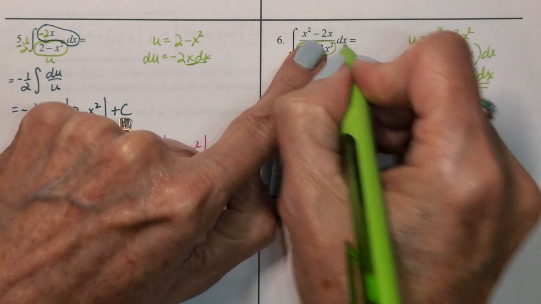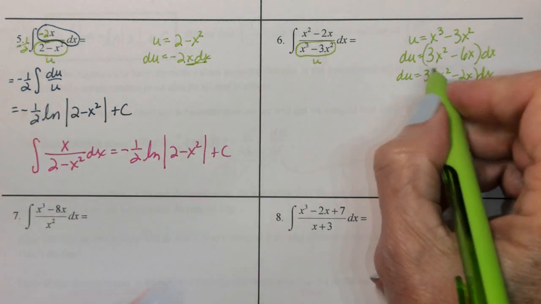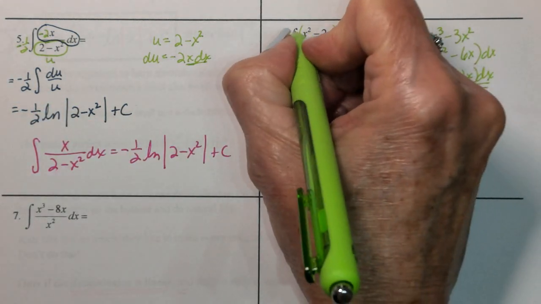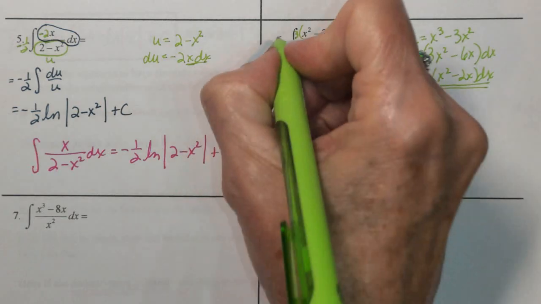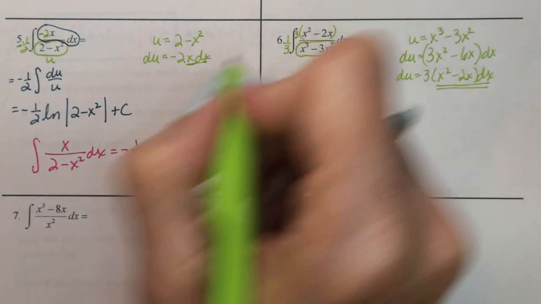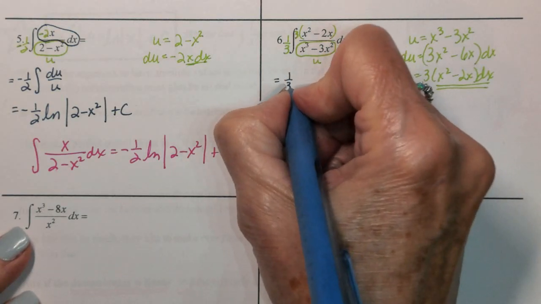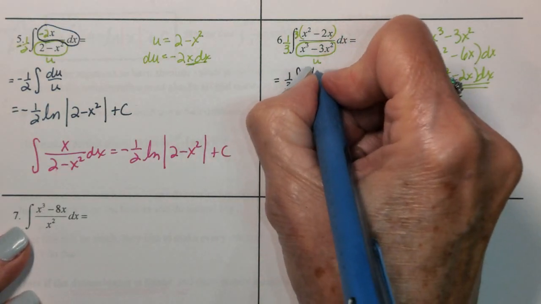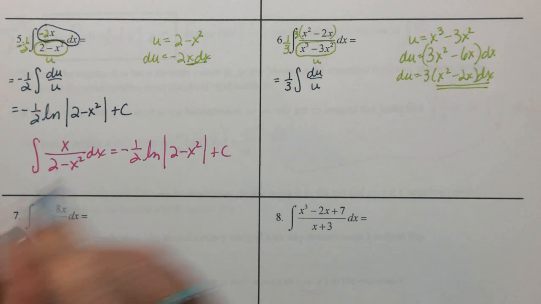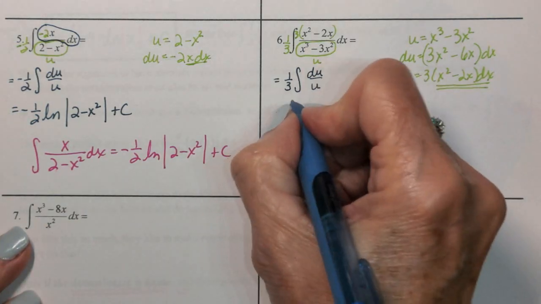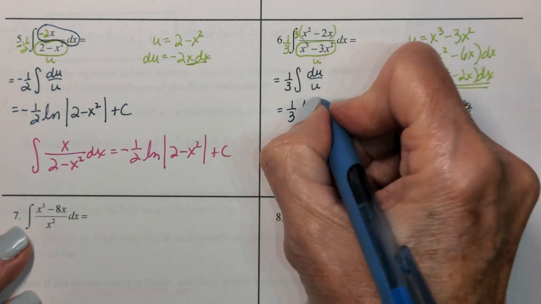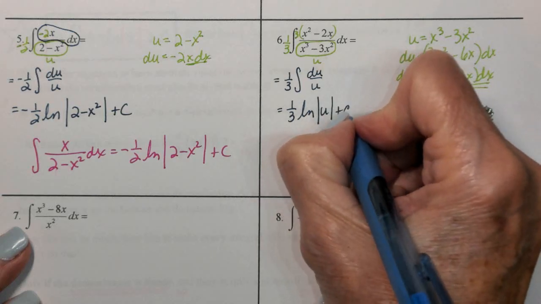It's right here, right? All I need to do is multiply it by 3. And I can do that if I multiply by a 1/3 out in front. So this has become 1/3 integral du over u, u prime over u. So that's ln absolute value u.